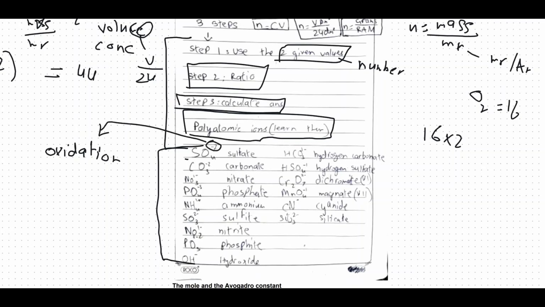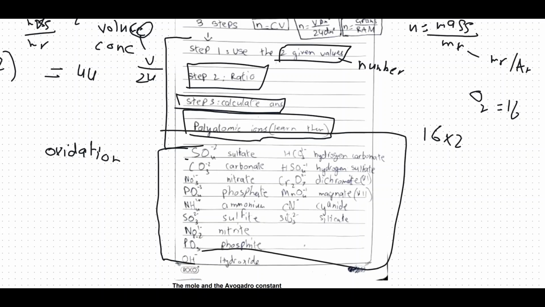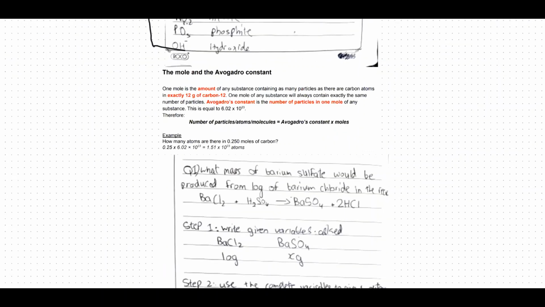So sulfate, remember it's SO4 to the power -2. Similarly, hydroxide is OH raised to power -1. It's negative. So take a screenshot of this, and you have to memorize all of the polyatomic ions. There's nothing really to explain. So yeah, memorize them. So moving on with stoichiometry.